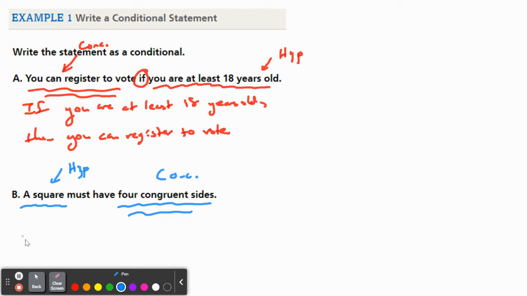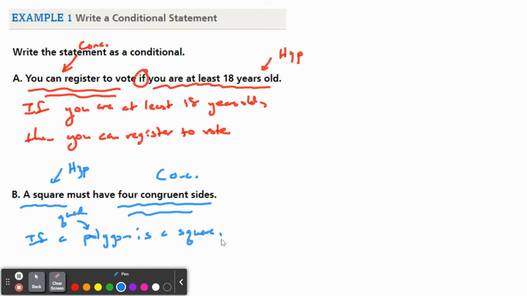So we're going to say if, and the generic idea of a square is a polygon. If a polygon is a square. Instead of the word polygon, you could also have used the word quadrilateral, a 4-sided polygon.